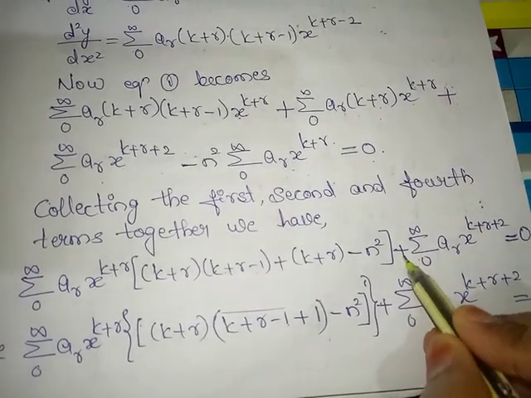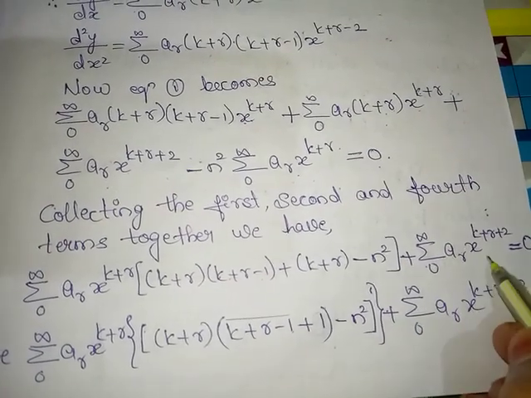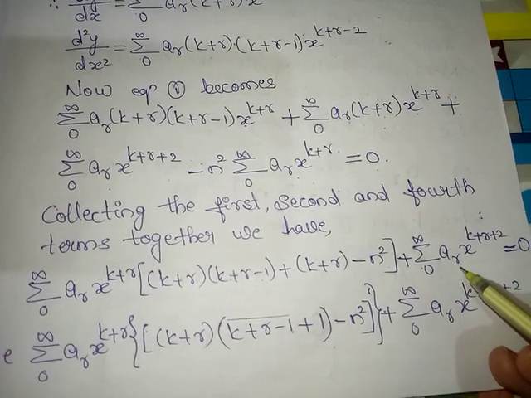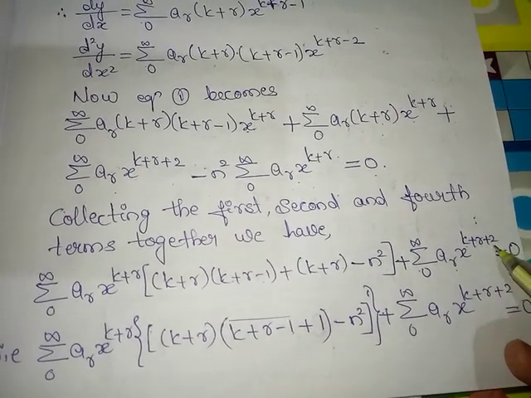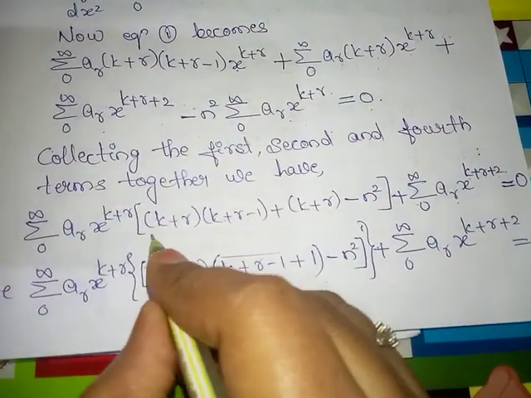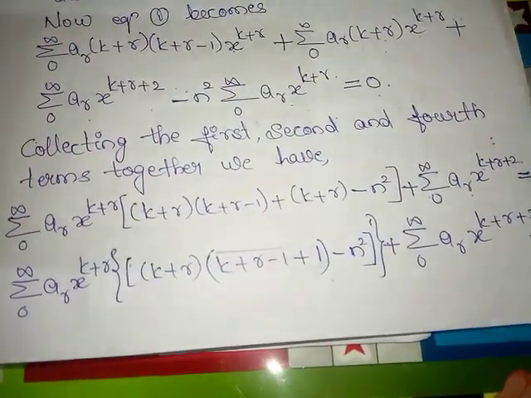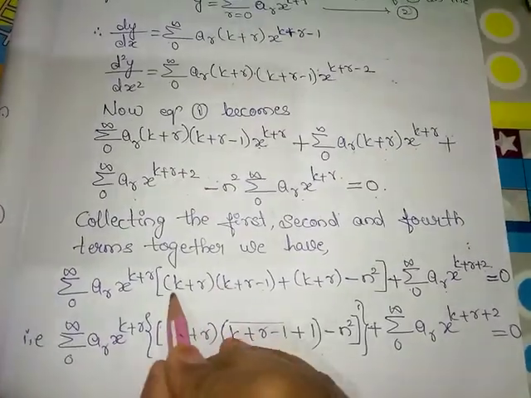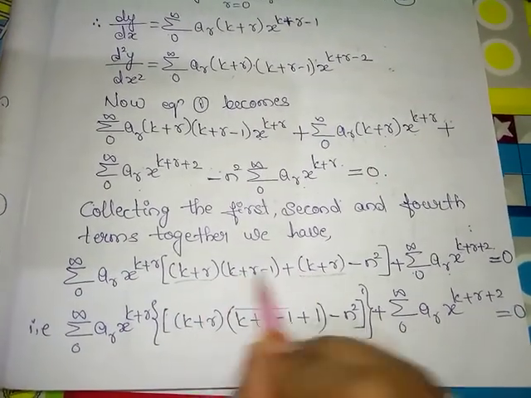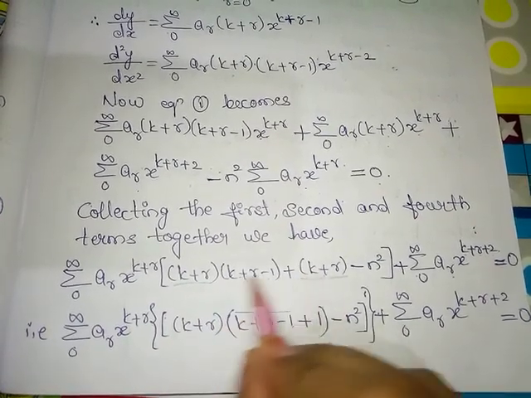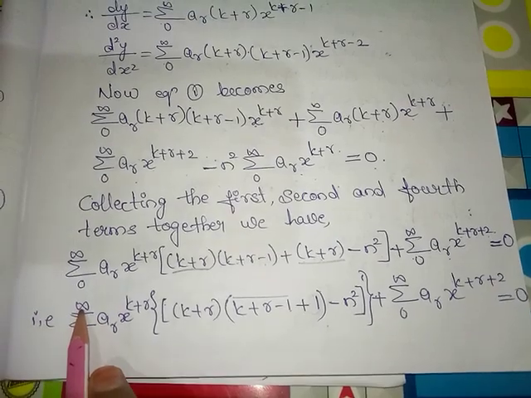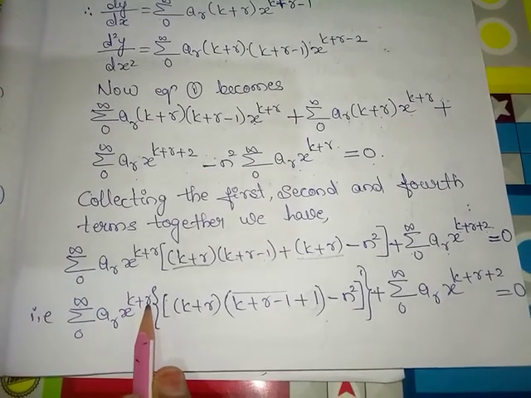Plus the next term as it is, summation r running from 0 to infinity ar x raised to k plus r plus 2. Next, solve this one. Here k plus r is common in these two terms. Then we get summation r running from 0 to infinity ar x raised to k plus r.